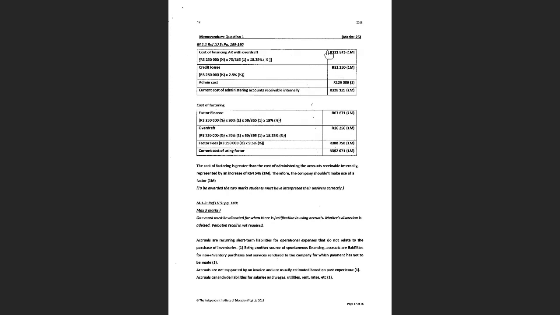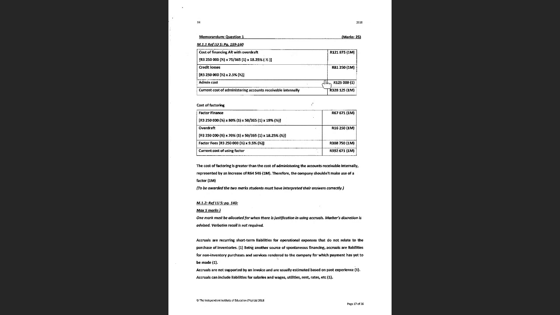You could have presented all of these in brackets showing that it's a cost out, and if I was writing this down, I might have done that, because as a student, when you're writing your answers down, you need to be able to very quickly look at something and see whether it's cash going out or cash coming in. But anyway, as long as you head it and label it correctly that this is a cost, you shouldn't muddle yourself up. And then I currently have an admin cost of 125,000.